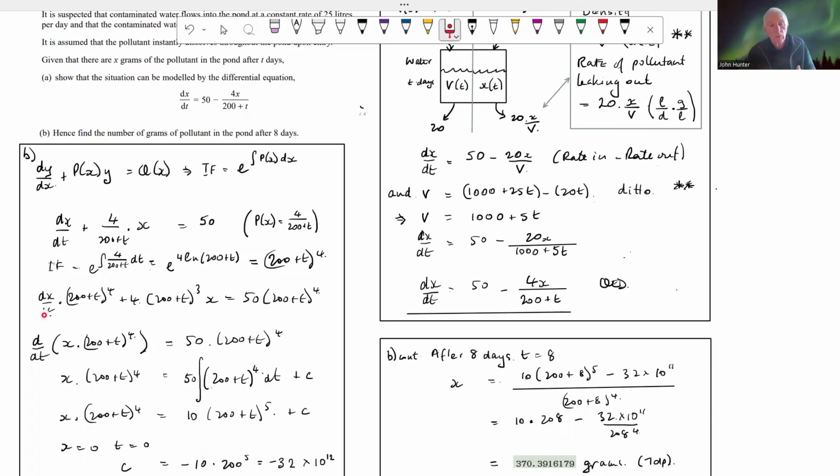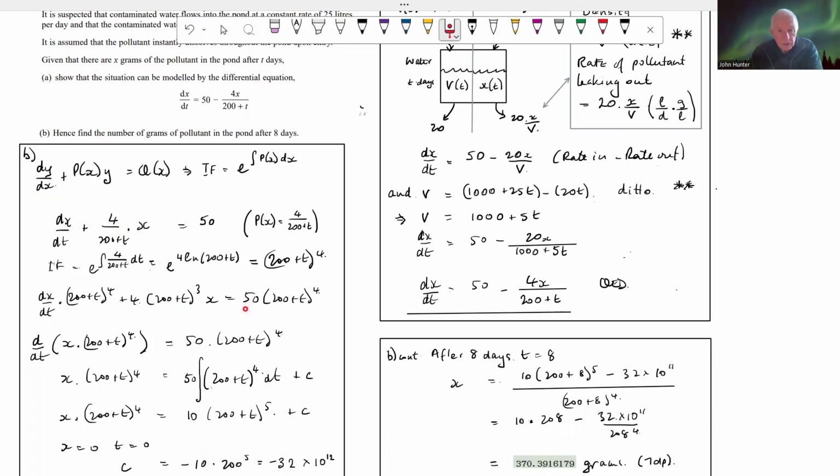So the process now is that we multiply all the terms by our integrating factor, and that's what we have done there. We multiply this by that, we're going to get (200 plus t) cubed, there's our 4 from here, and there's our x from there.